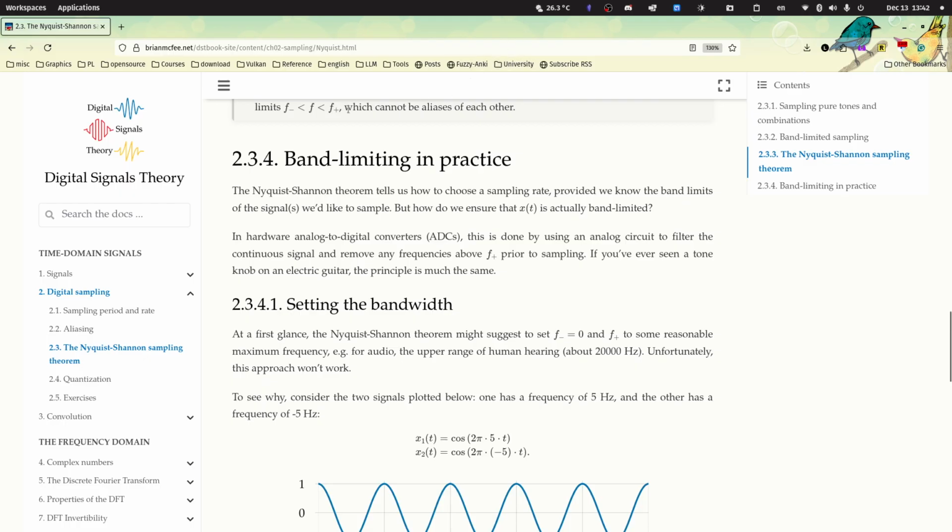So, band limiting in practice. How do we ensure that a signal is actually band limited?